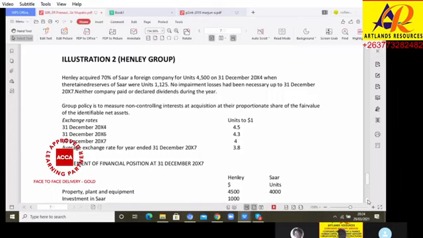No impairment losses have been necessary up to 31 December 2027. Neither company paid or declared dividends during the year. The group's policy is to measure NCI at their proportionate share. So that one was a full goodwill. This one is a partial goodwill. No wonder why I put it here.